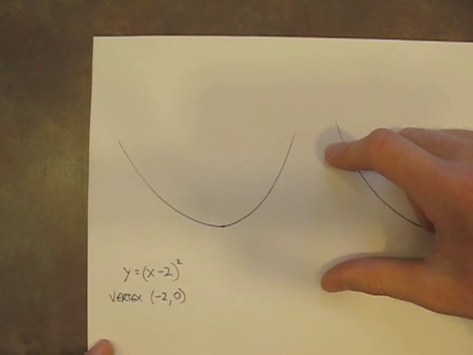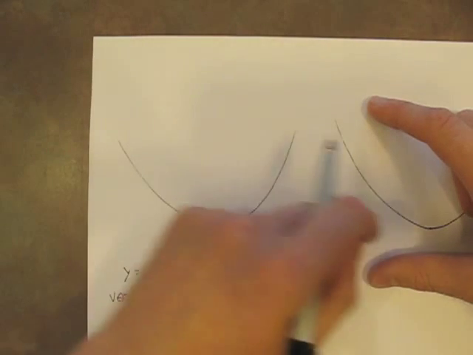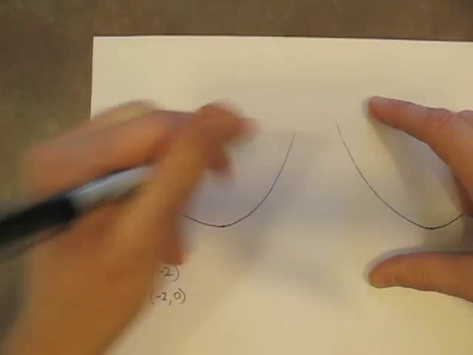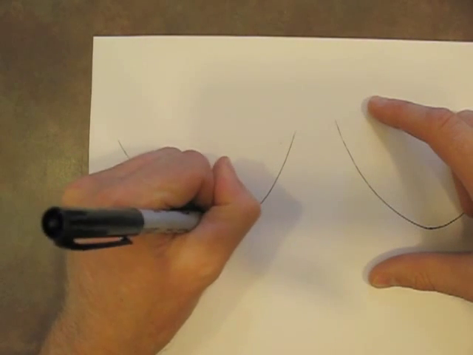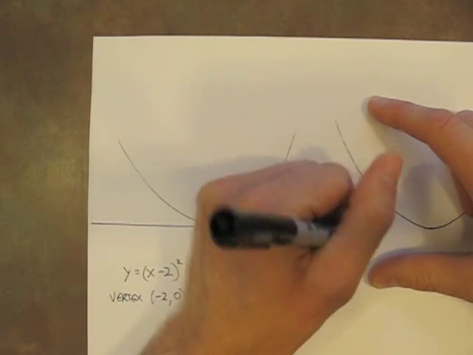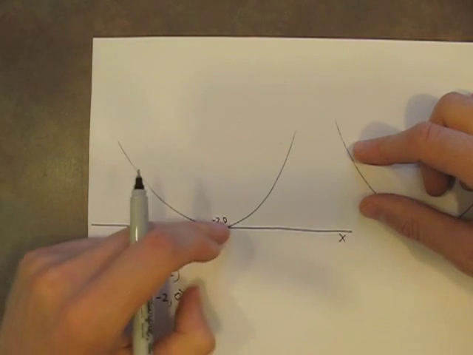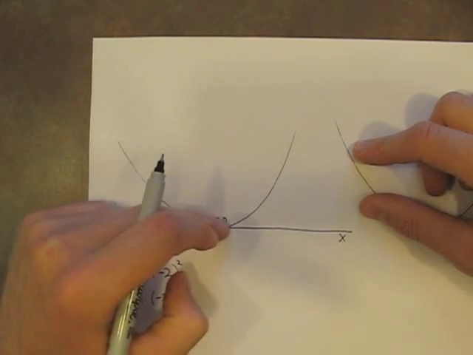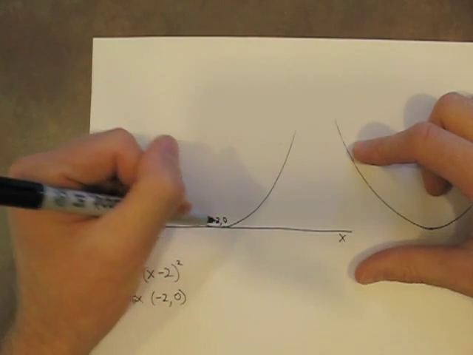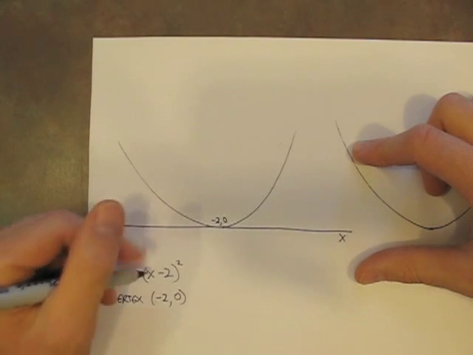And so right off the bat I can plug in my horizontal and vertical axes. So my y is 0, so that's the point -2, 0. So I'm going to throw this in like this. So there's my x-axis. Now the next thing is that we're going to say that this is -2. Well, what do I get if I plug in 0, 0 into this?